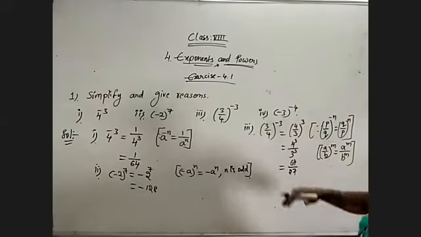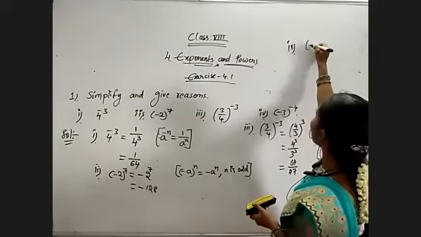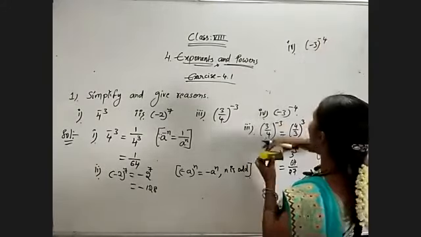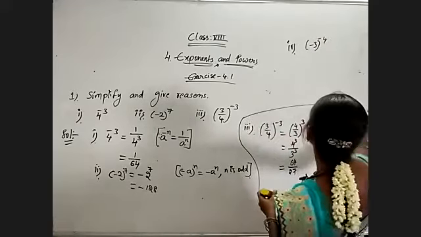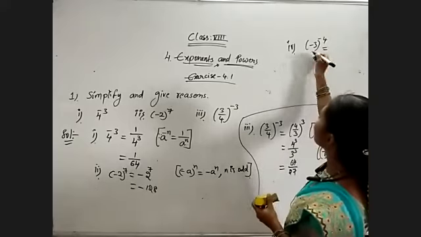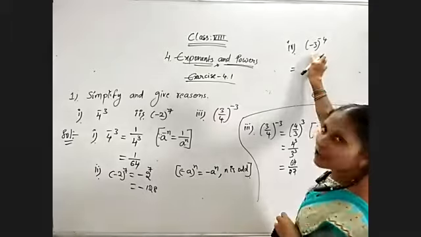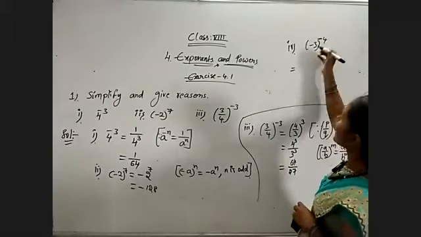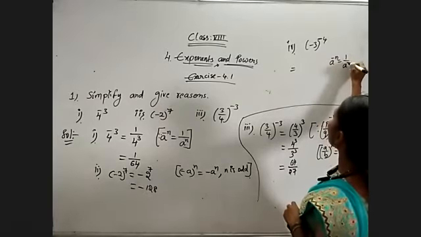And coming to this fourth question. Minus 3 to the power of minus 4 is my fourth question. Observe this problem. Minus 3 is the negative base. Before that, we have a negative exponent. So a power minus n is equal to 1 by a power n.